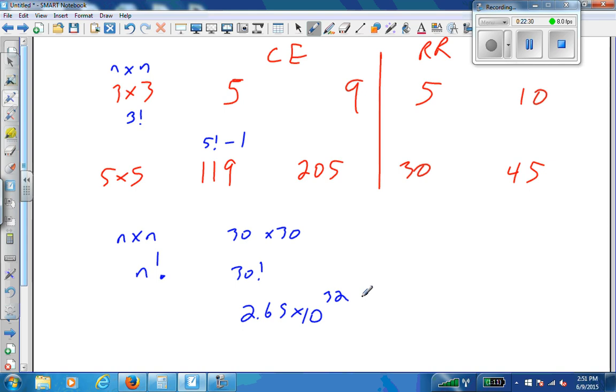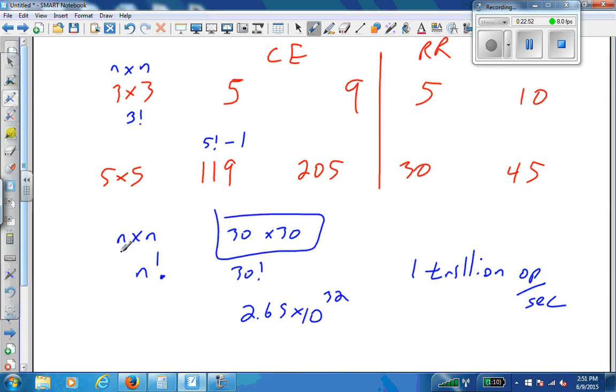Now, just to grasp how large that number is, if you had a computer that could do 1 trillion operations per second, it would take over 1 trillion years to calculate one of those. So that's a lot of calculations. That's a long time.